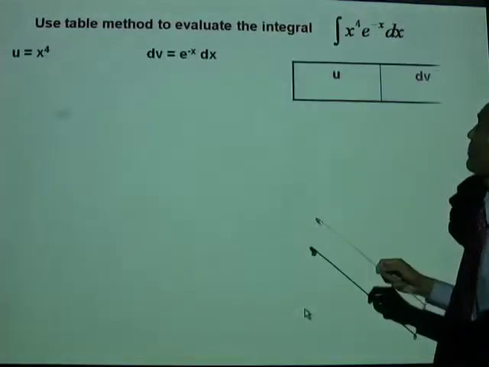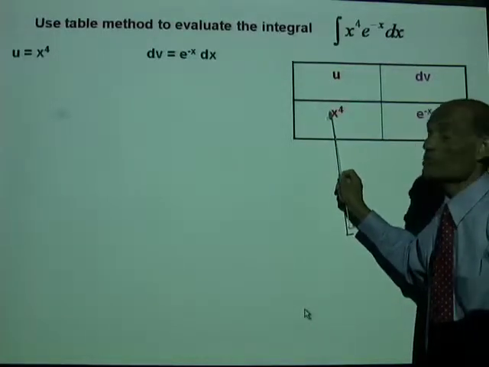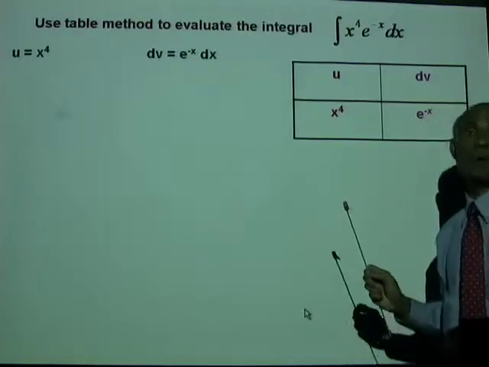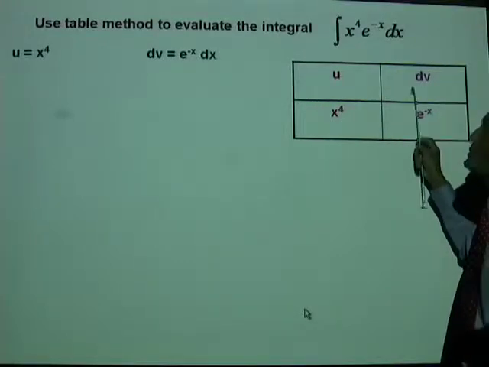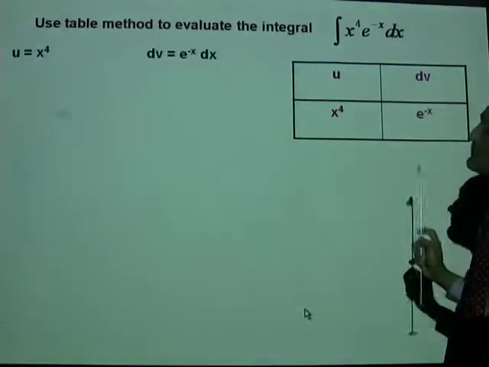Let's construct a table. Below u, you write x to the power of 4. Below dv, you write e to the power of negative x dx. Well, I have been dropping that dx, but it should be there.